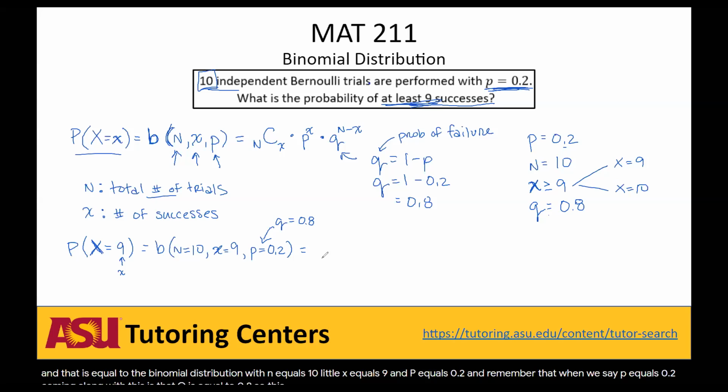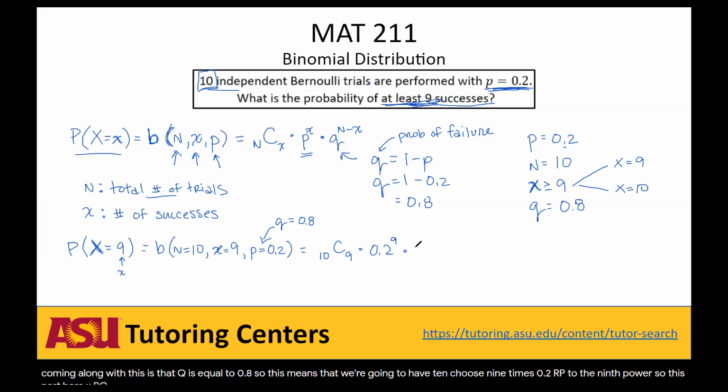So this means that we're going to have 10 choose 9 times 0.2, our p, to the 9th power, so this part here, times our q, which is 0.8, to the n minus x, so 10 minus 9.